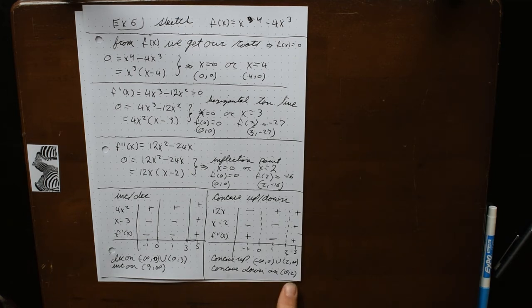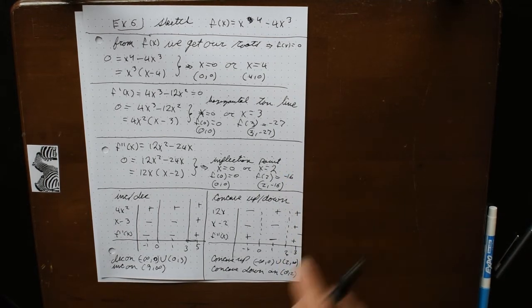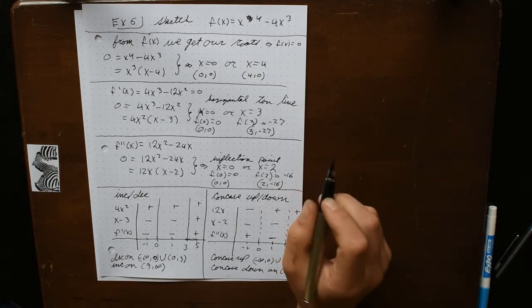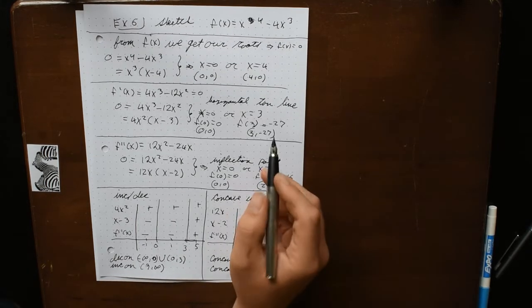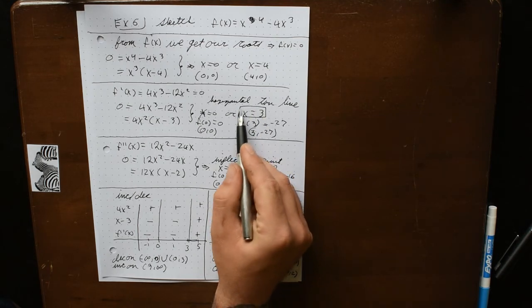Now, what we can do is we can use the second derivative test. I kept on looking at the wrong spot. What our second derivative test says is, we know we have this critical point when x is equal to 3.